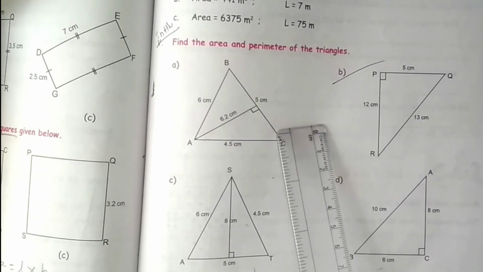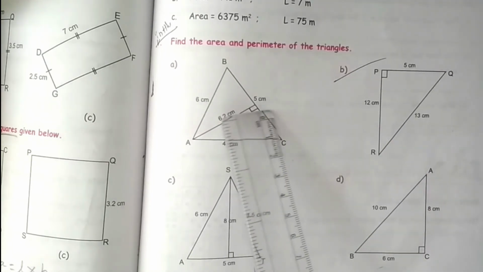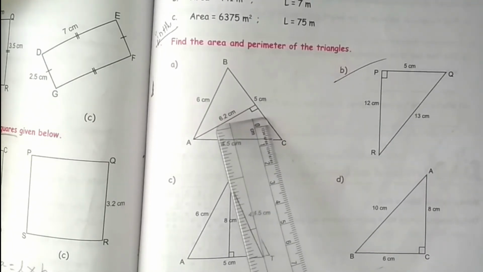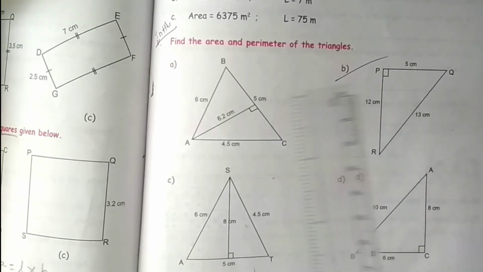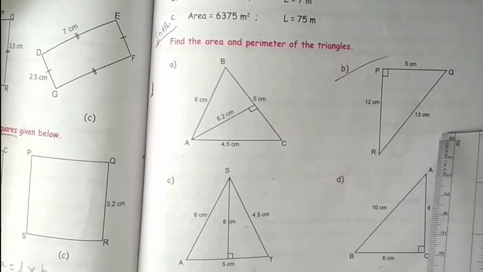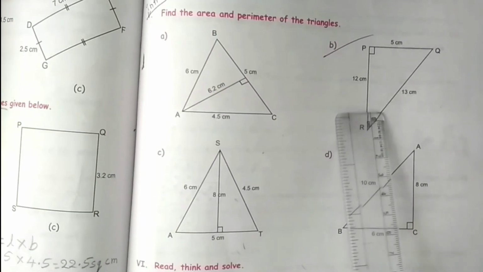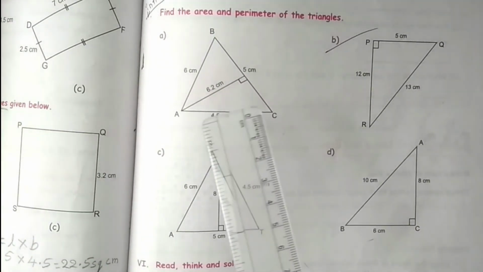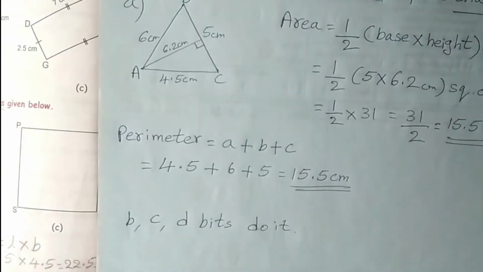So how we will find out the measurement of the area? How we will do it for the triangle? What's the formula? Area is equal to half into base into height square centimeters. So here half into, I'll show you in the notebook.